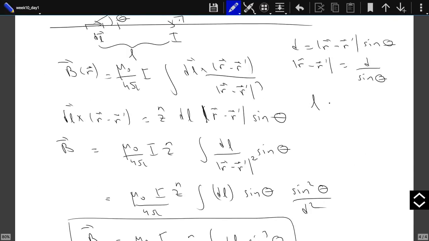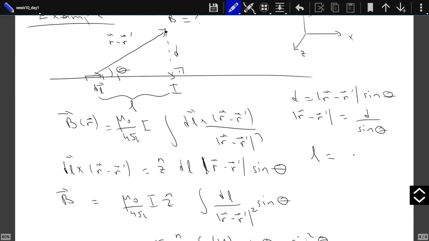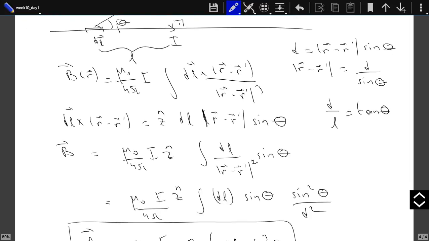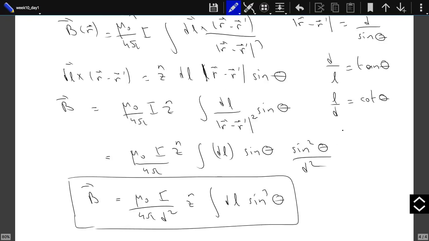But you see, d over L is equal to tangent theta. Or L over d is equal to cotangent theta. dl over d, I am taking the differential of both sides.